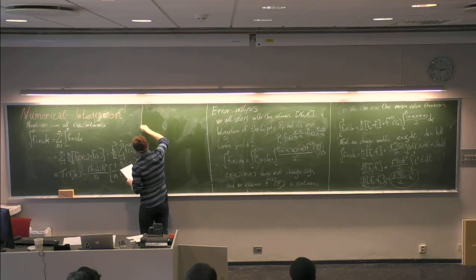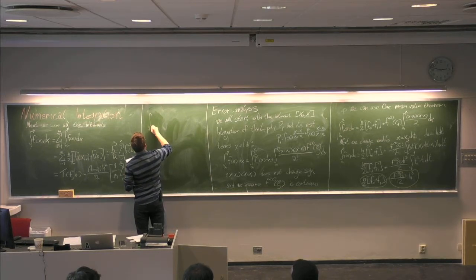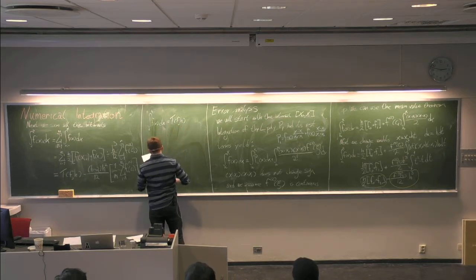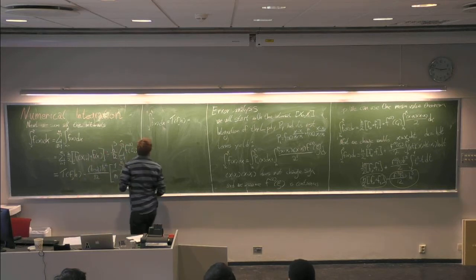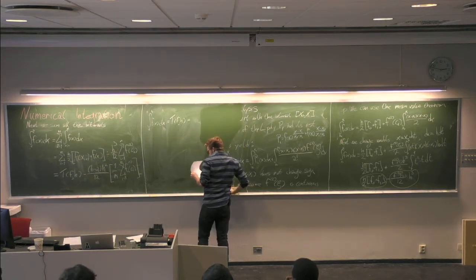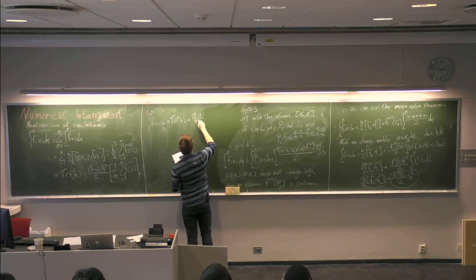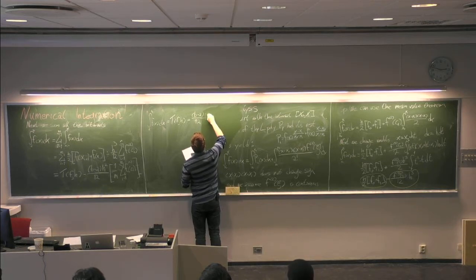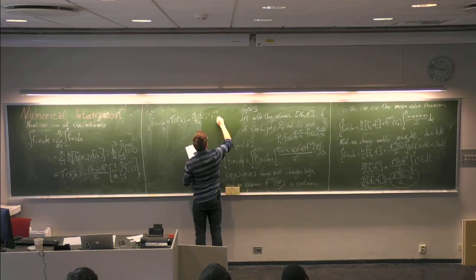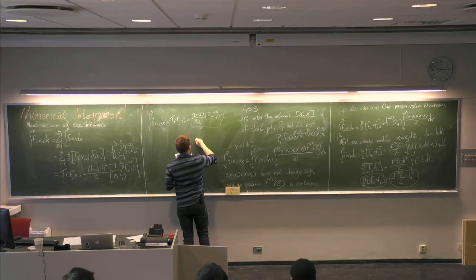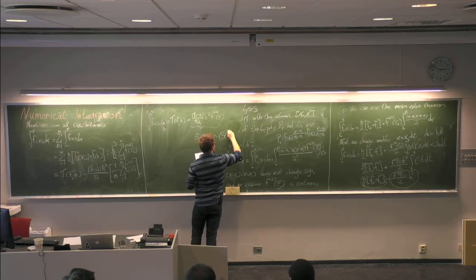So we will get at the end the integral of f of x dx equals the trapezoidal of h minus, I'm going to need more space, (b minus a) over 12 times h squared times f of some kind of number, and this is going to be the E_T of h, which is h squared.